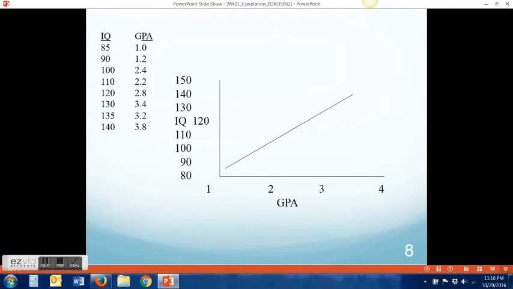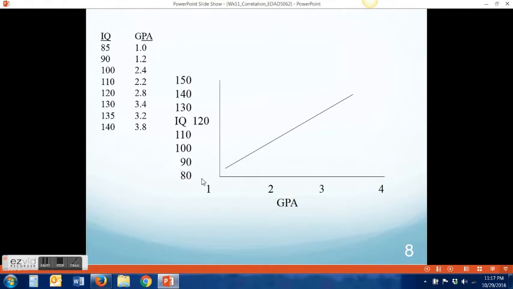What you see here is the relationship between IQ and grade point average. So we've got IQ on the left, grade point average on the right. We're going to plot those data, which is a typical first step with a correlation, with GPA on the x-axis and IQ on the y-axis. And so as you can see here, participants with higher GPAs are associated with higher IQ scores.